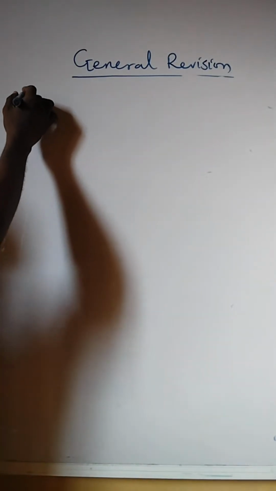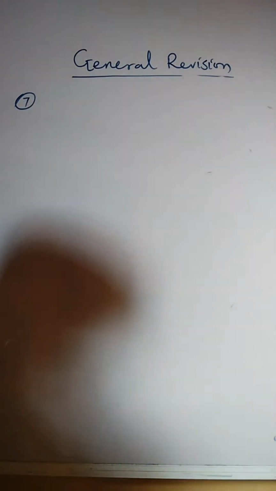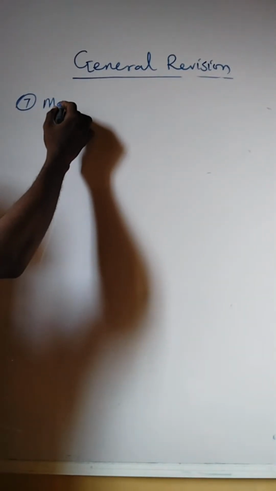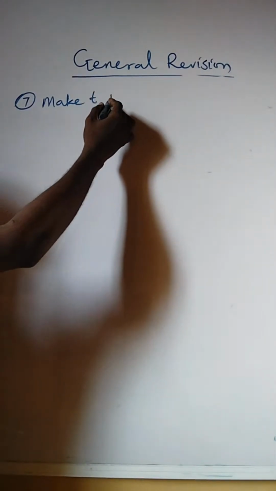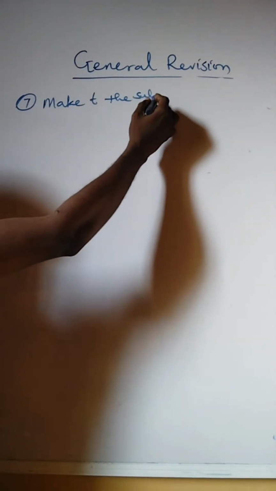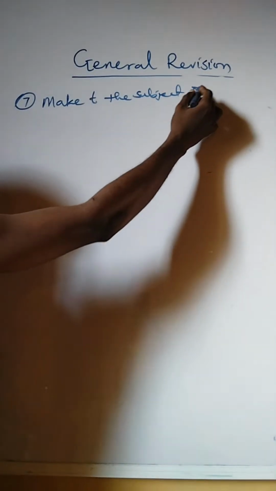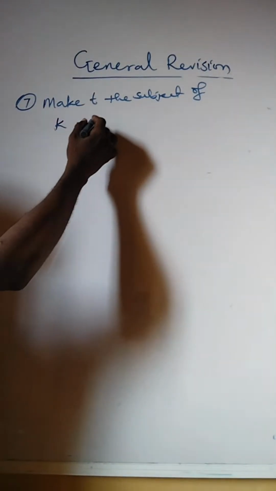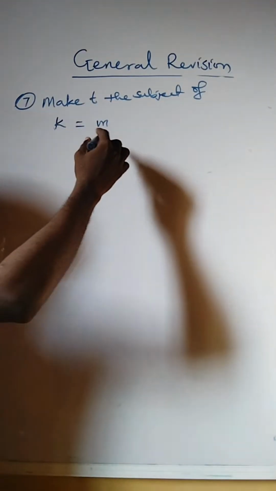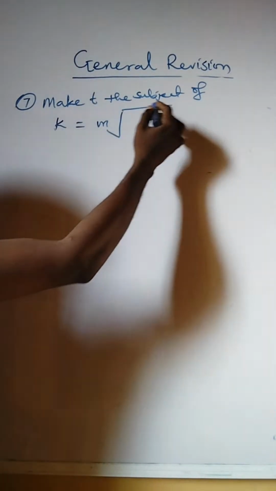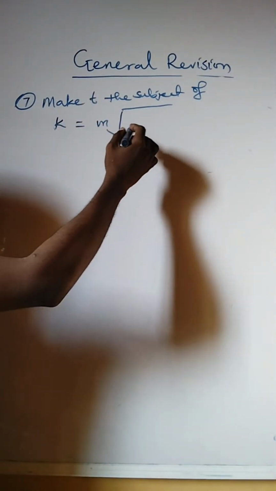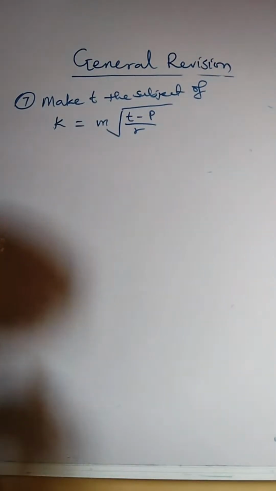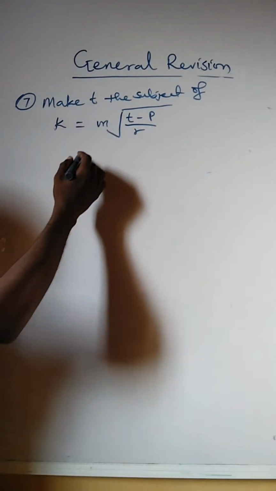We label this as question 7. We have to make T the subject of the equation A equals M times square root of T minus P over R. So make T the subject.